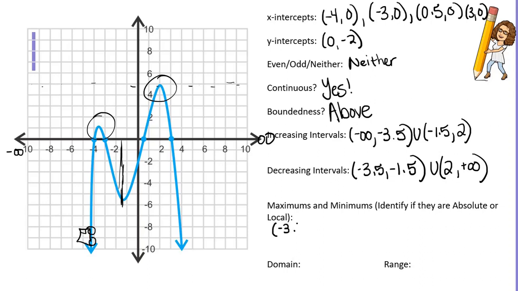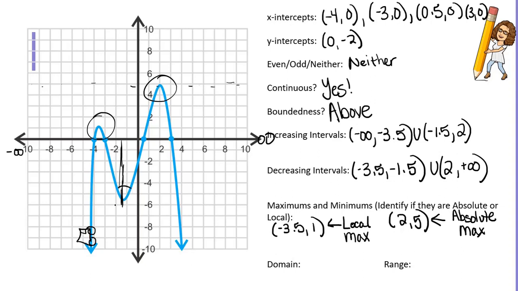Notice that is not the tallest maximum, right? So this guy would be a local maximum. I have another maximum at 2.5, and that looks like it would be my absolute maximum because it's the tallest mountain in the range, right?